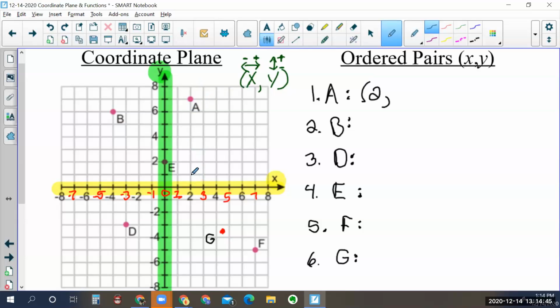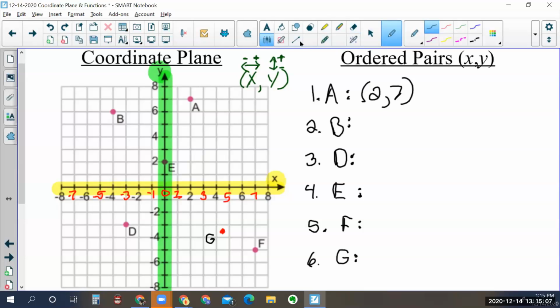In this case, it's up 1, 2, 3, 4, 5, 6, 7. Notice I didn't start counting 1 until I left the axis. This is the 0, then it's 1, 2, 3, 4, 5, 6, 7. Okay, so that's one way we can count. Both of those numbers happen to be positive numbers because I went right and then I went up.